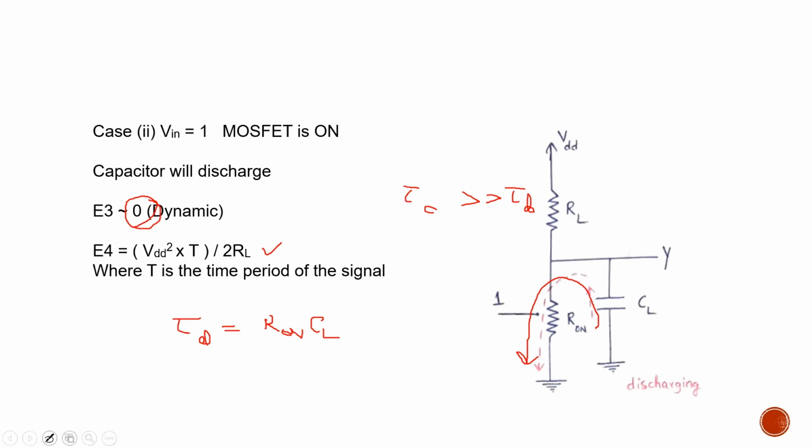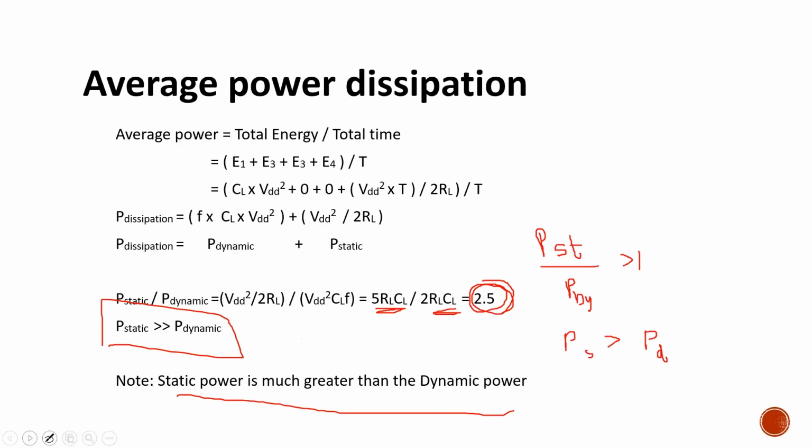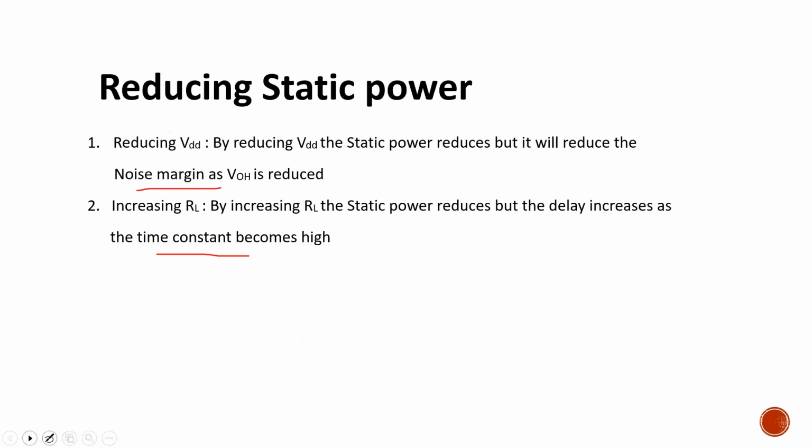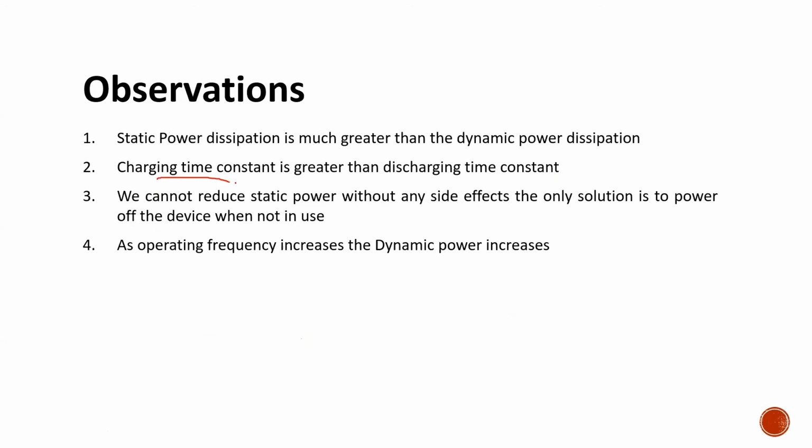Okay. Now, let's enter into the observations again. The charging time constant is more, static power dissipation is more, and guys, here there is no possibility to reduce the static power without affecting some other parameters. So we don't take this one.